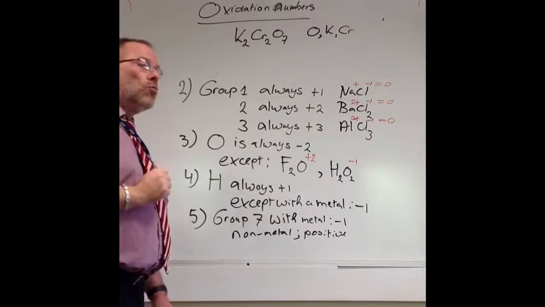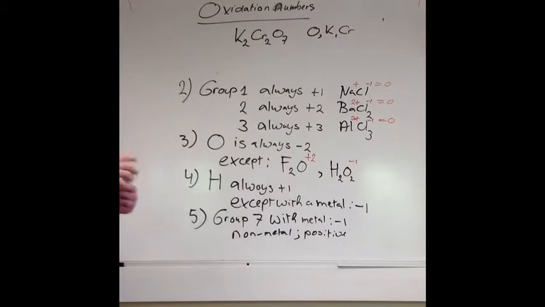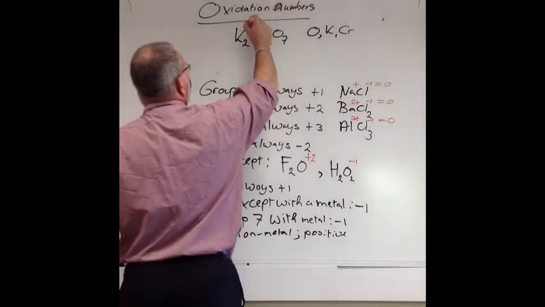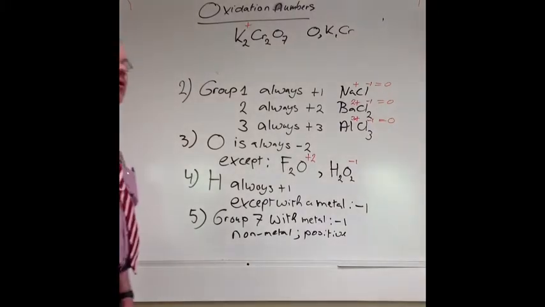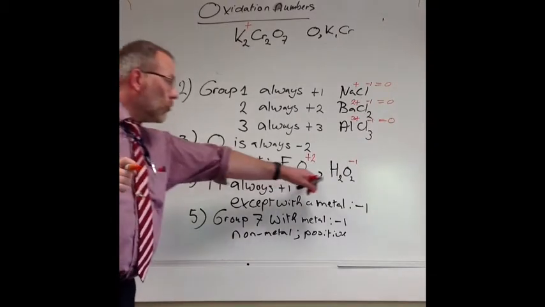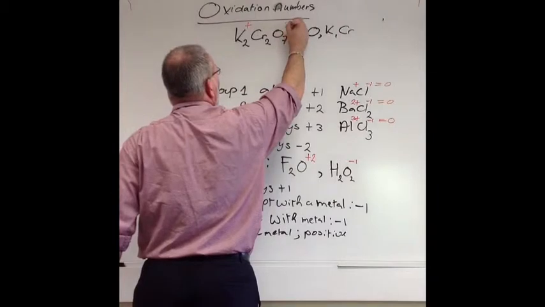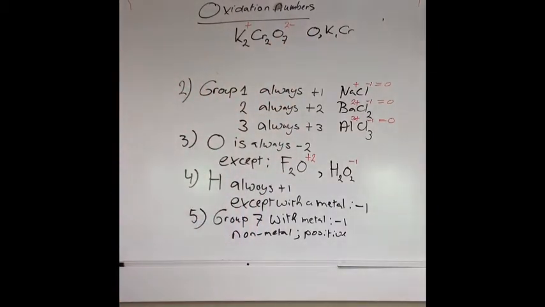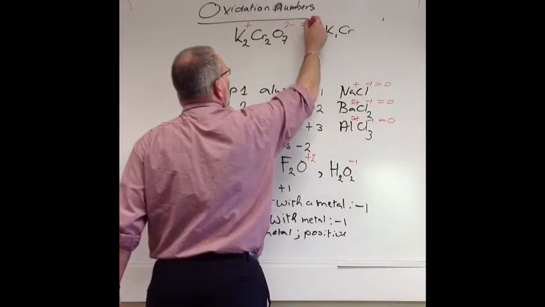Potassium is group 1. Therefore potassium can only be 1 plus. Oxygen is per definition 2 minus. It is not an exception that we're dealing with, so oxygen is 2 minus. What is the chromium? We know that the whole compound will be neutral.